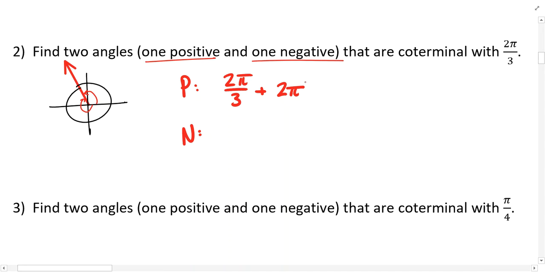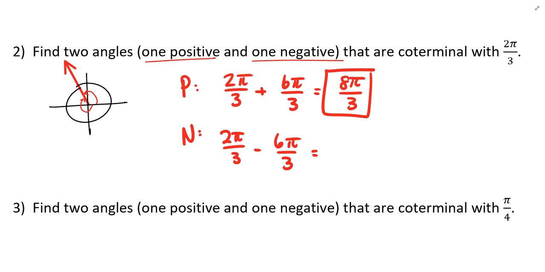We're not using calculators on this portion of the class, or test, I should say. So it would be appropriate to convert 2 pi into 6 pi over 3 in this case so that we have a common denominator. And now we see that 8 pi over 3 is the same position with an additional rotation, and it is a positive value.